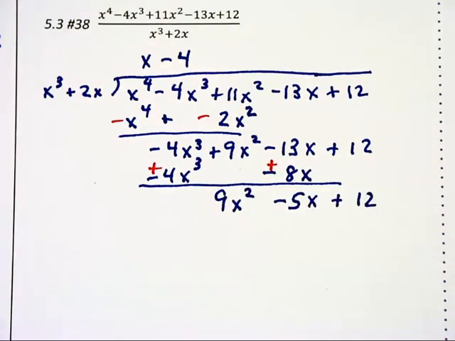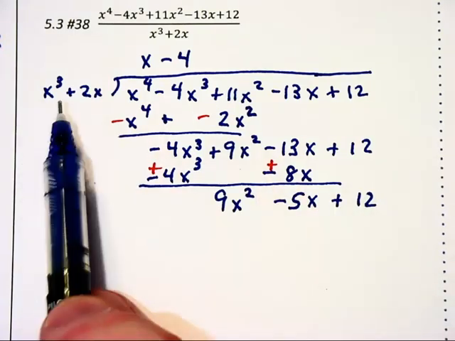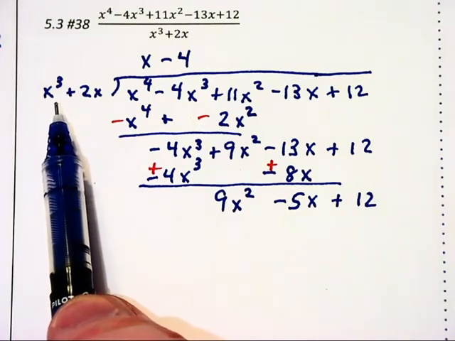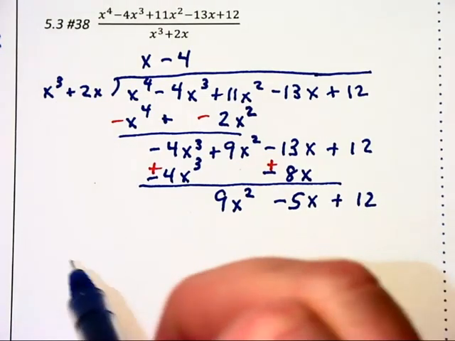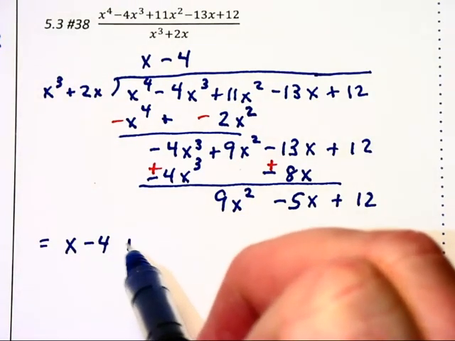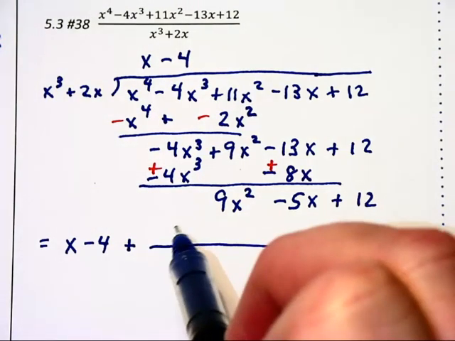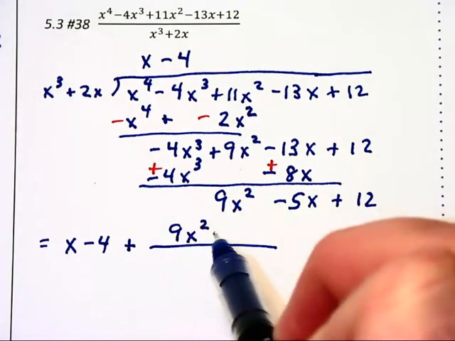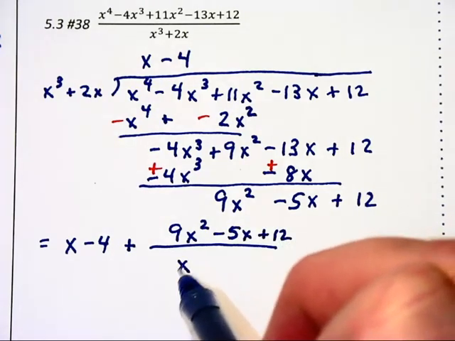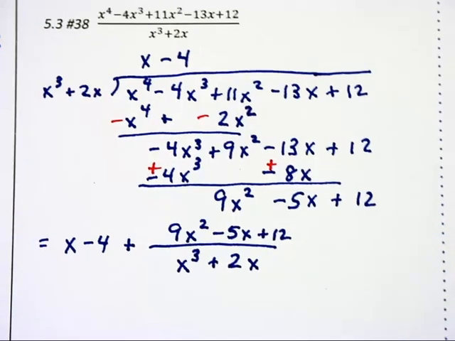Okay, notice we can't go any further here, and this is what we now have to divide by x cubed plus 2x. So I'm going to have as an answer here x minus 4 plus 9x squared minus 5x plus 12 over x to the third plus 2x.